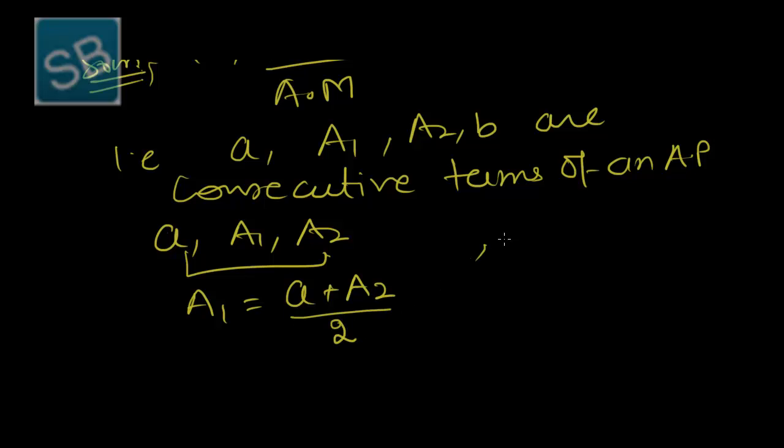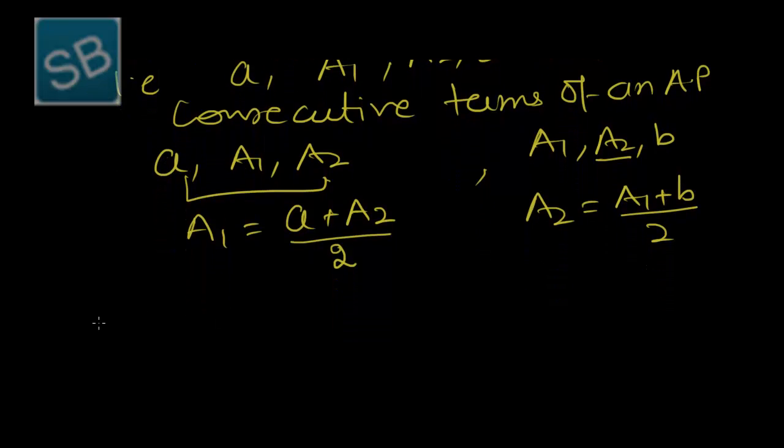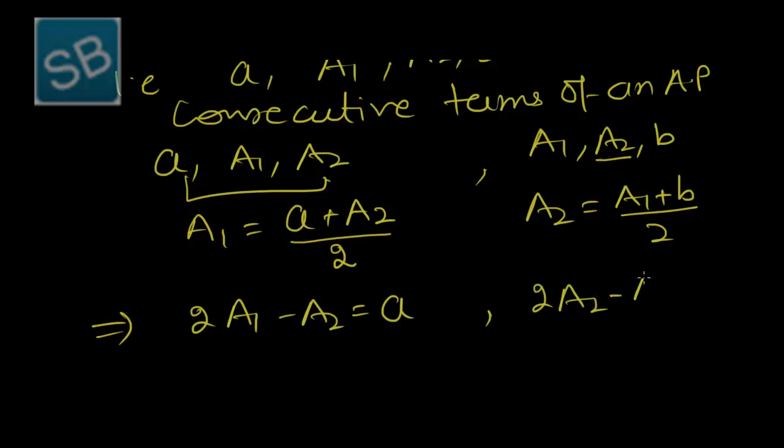And similarly, if we have A1, A2 and B, then A2 will be the arithmetic mean between A1 and B, and it is given by A1 plus B over 2. That is, we get 2A1 minus A2 is equal to A, and 2A2 minus A1 is equal to B.